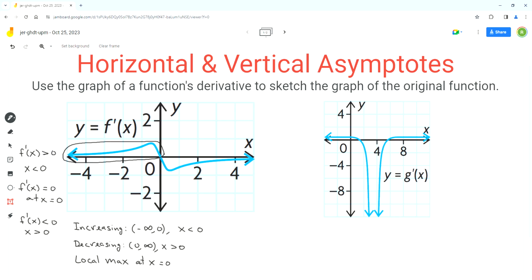Now we can see that f prime of x has a local maximum at x equals negative half. So at this point, that means the slope of the tangent to the curve has maximum value at x equals negative half, on the left side of the y-axis.